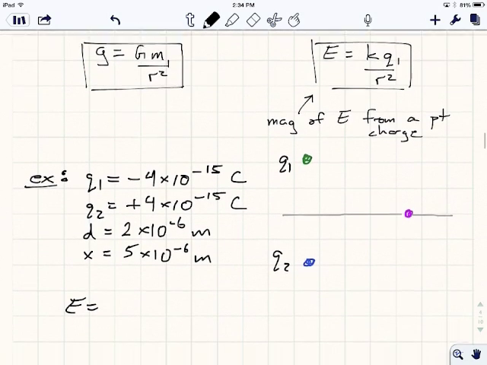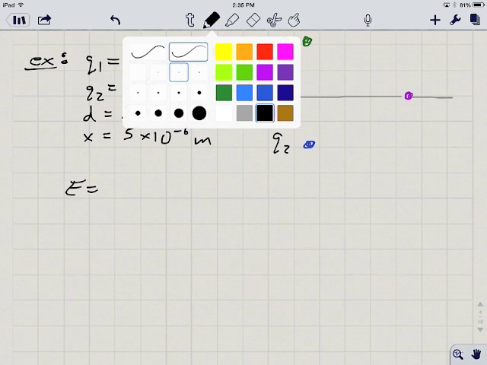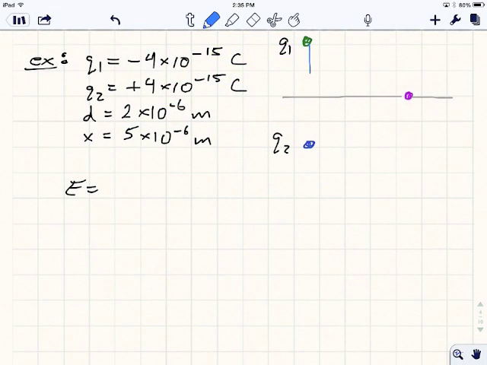Let's say we have a scenario in which we have two charges, Q1 and Q2, that I've drawn here, and they're equidistant from a central axis. Q1 has a charge of negative 4 times 10 to the minus 15. Q2 has a charge of 4 times 10 to the minus 15, but it's positive. And both of these charges are distance d away from this central axis.